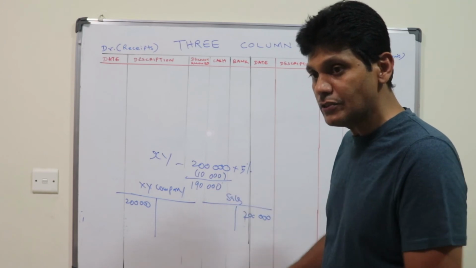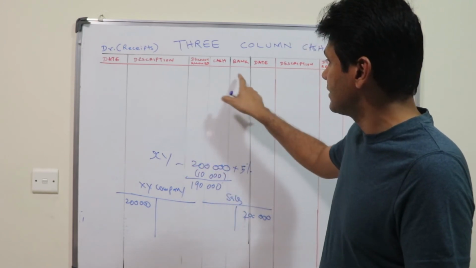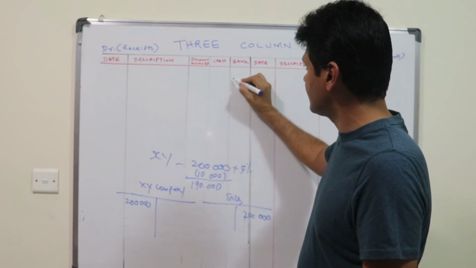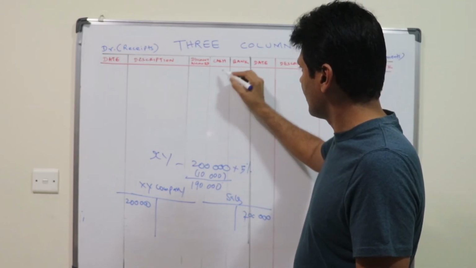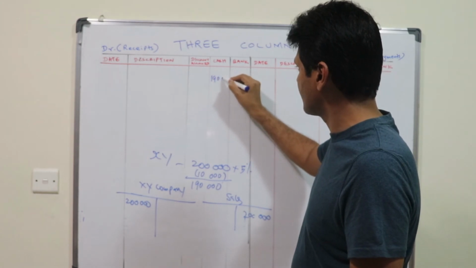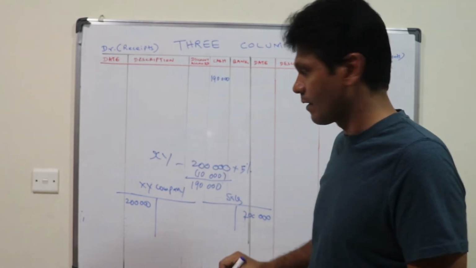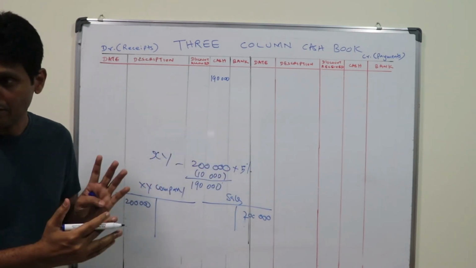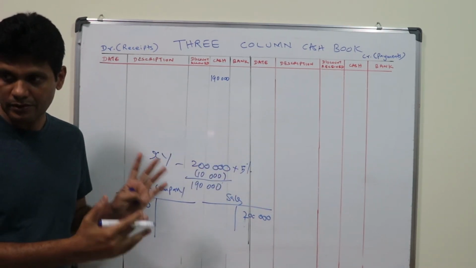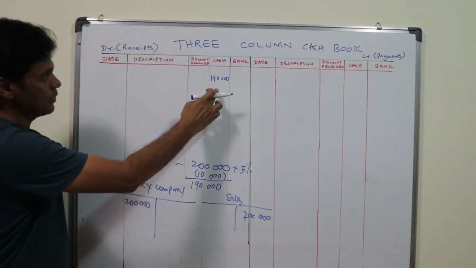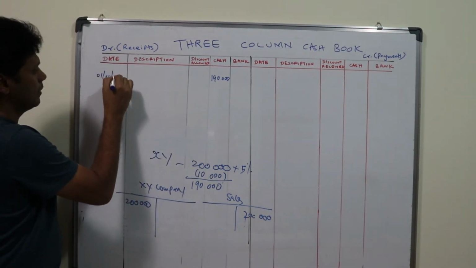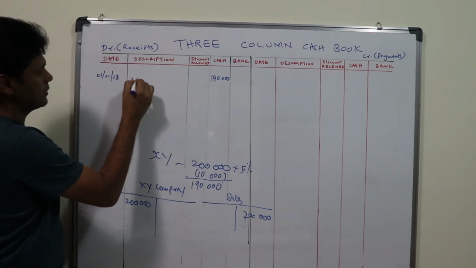So you are receiving cash of 190,000. When you receive cash, it's a debit entry. Let's say you received cash 190,000 for the time being. I am just trying to explain the discount part, which is a difficult part in this 3-column cash book. So 190,000 you received, put the date, 2018, from XY company.